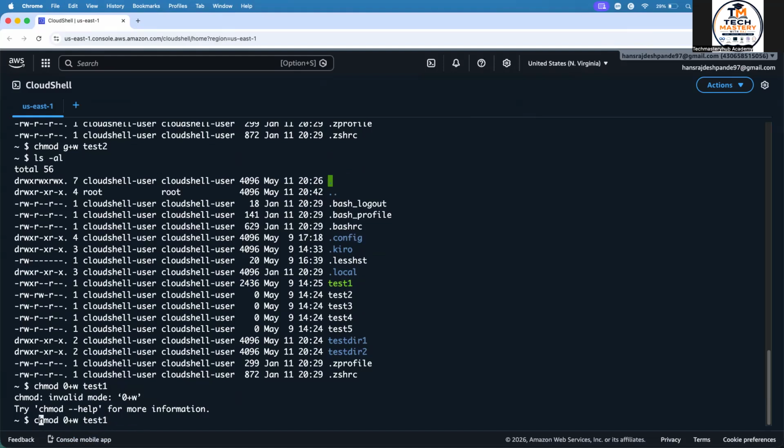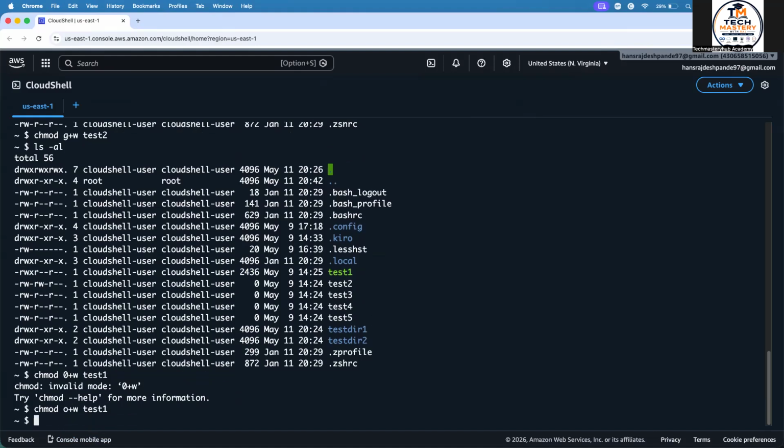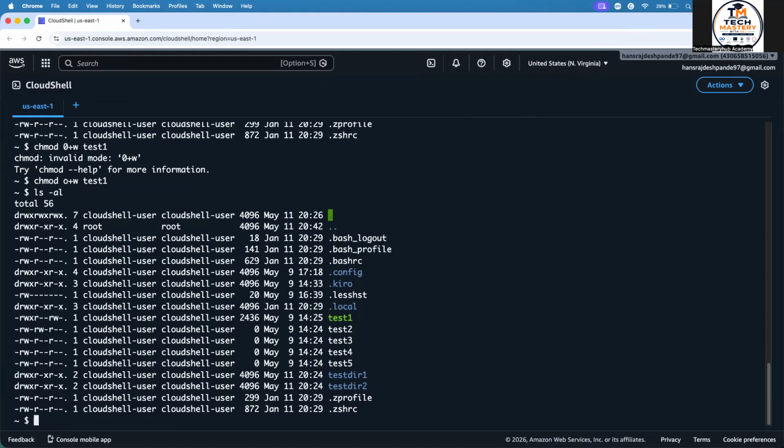Sorry, there is a typo mistake. Instead of o, I typed 0. Okay, so authority is changed. Now check again. You can see the test1, everybody got the write authority. Okay, so this is the example of chmod authority using the symbolic method.